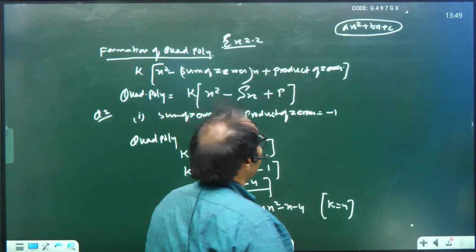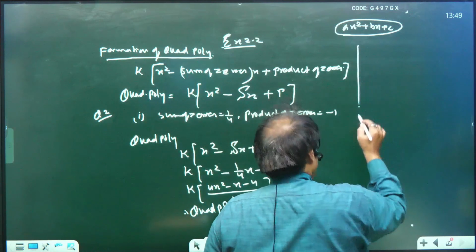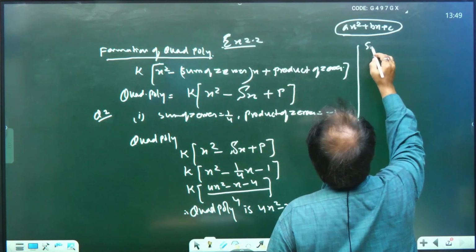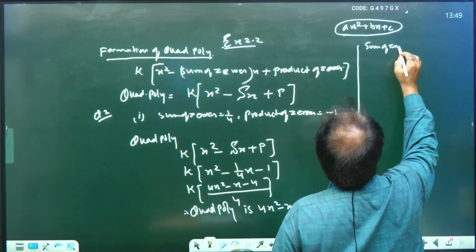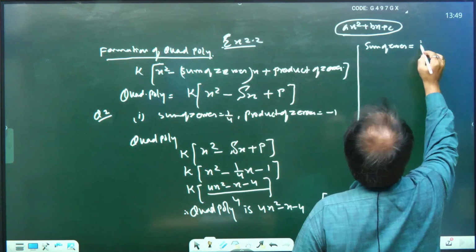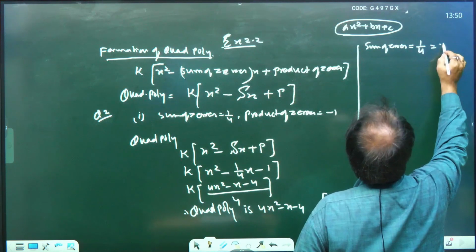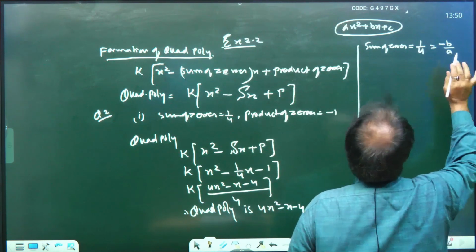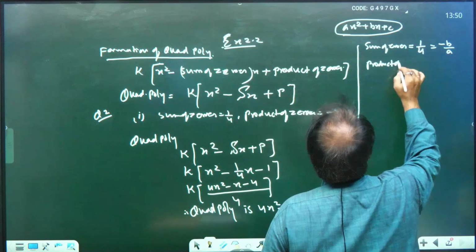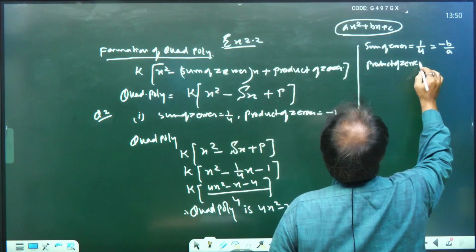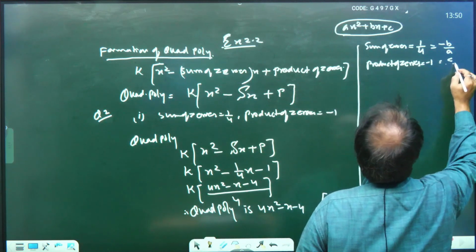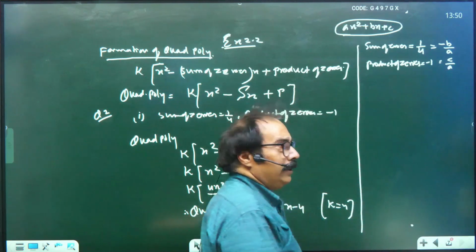Another way, I will solve with the help of relationship. The sum of zeros is given 1 by 4, and the sum of zeros is minus b upon a. The product of zeros is given minus 1, and this is equal to c by a.